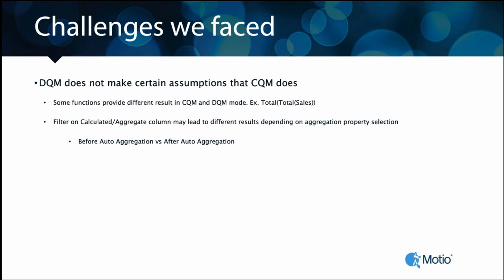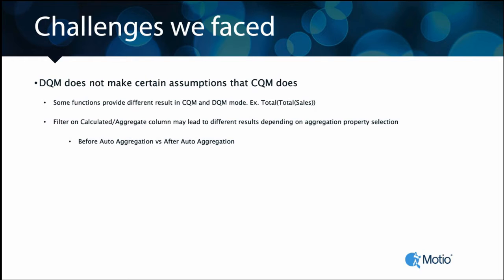When converted to dynamic query mode, the aggregation property selection is applied correctly. The query provides different results in compatible query mode and dynamic query mode if the aggregation property is set to before auto aggregation. So look for it. The only way we found out was when we compared the two reports before and after. We saw the difference, and then we manually went into the reports and looked for it.